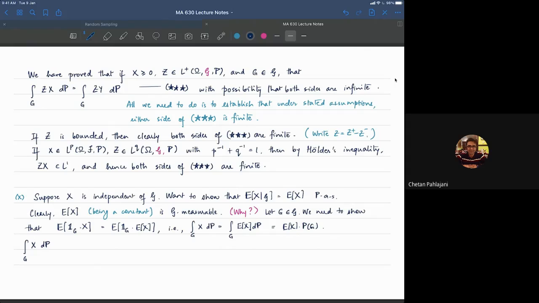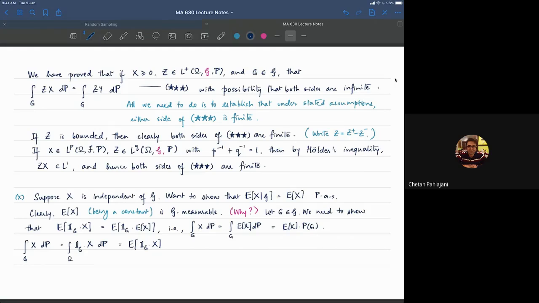Right, so what is this? This is the integral over omega of indicator G times X dP, right? So what is this? This is the expectation of indicator G times X, right? And now I'll use the following facts.